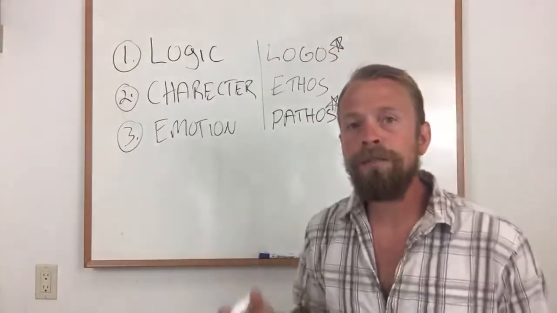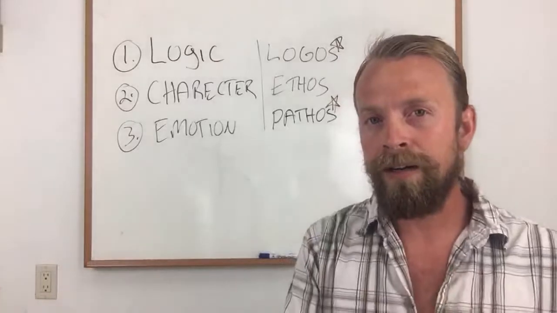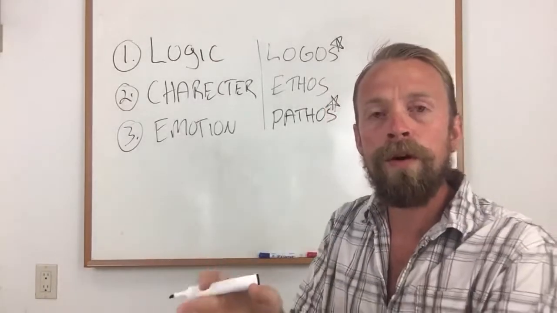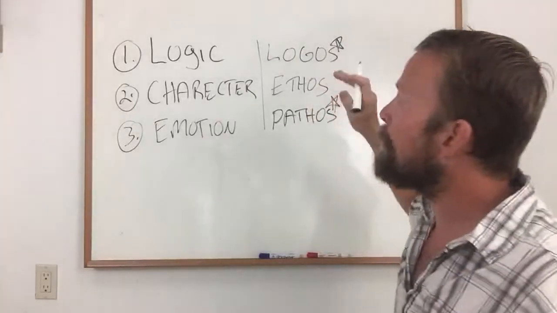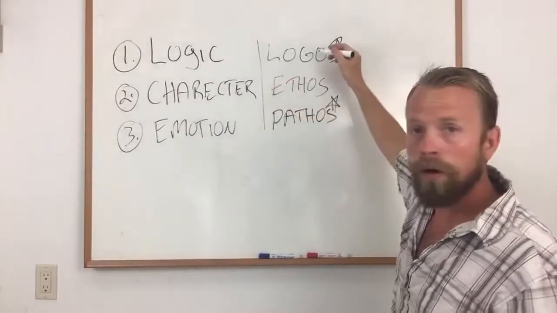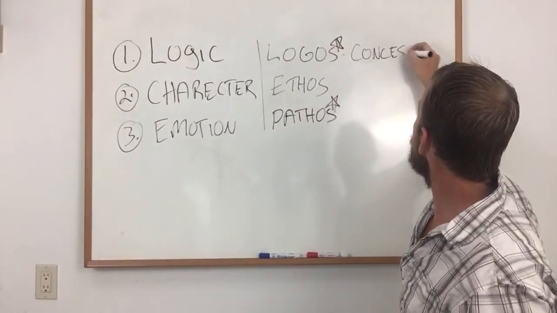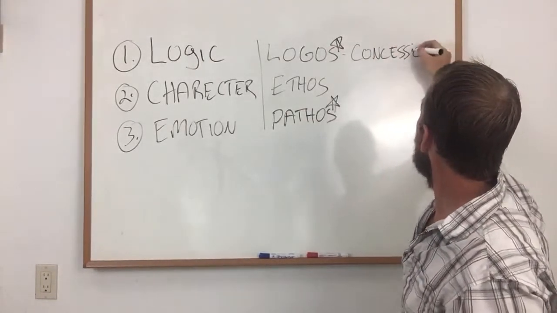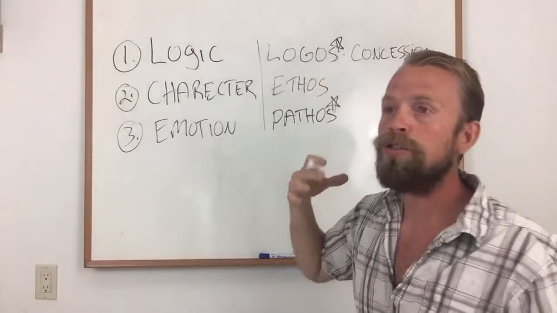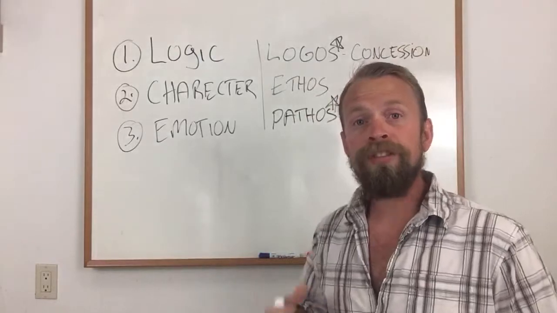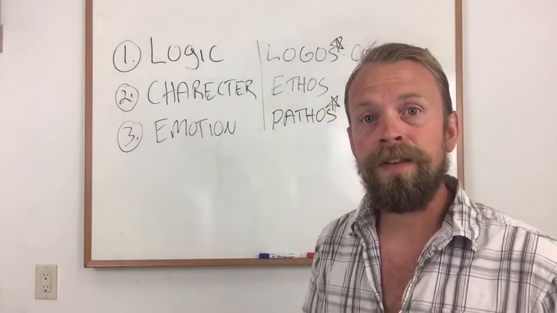It's not just about using the rules of logic that we have inside of ourselves. It's about meeting the audience where they are and what they're already thinking. One of the most powerful tools of logos is the art of concession. When we are trying to persuade and influence, what we really want to do is create agreeability inside of the other person.